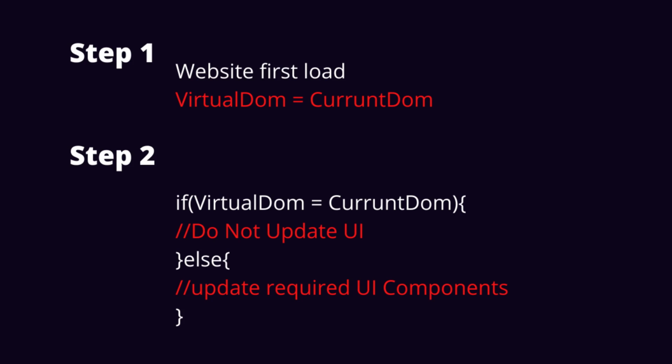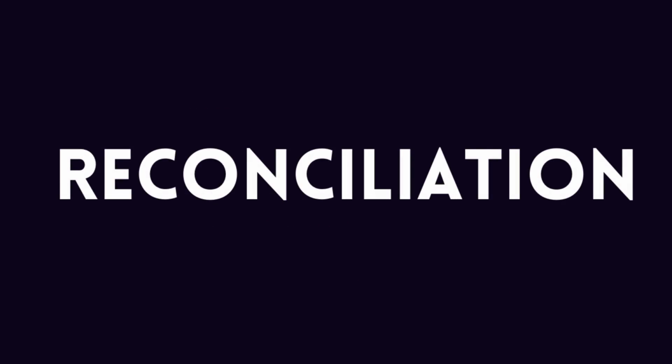This is how the virtual DOM works, and this process is called reconciliation in ReactJS. Reconciliation has its own methods to identify whether a user interface needs updates or not. We will see that entire reconciliation algorithm in our upcoming videos.